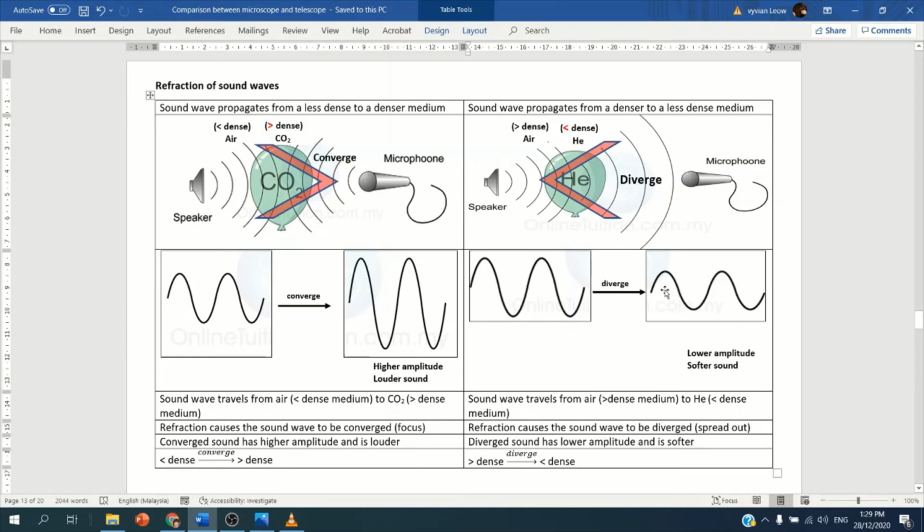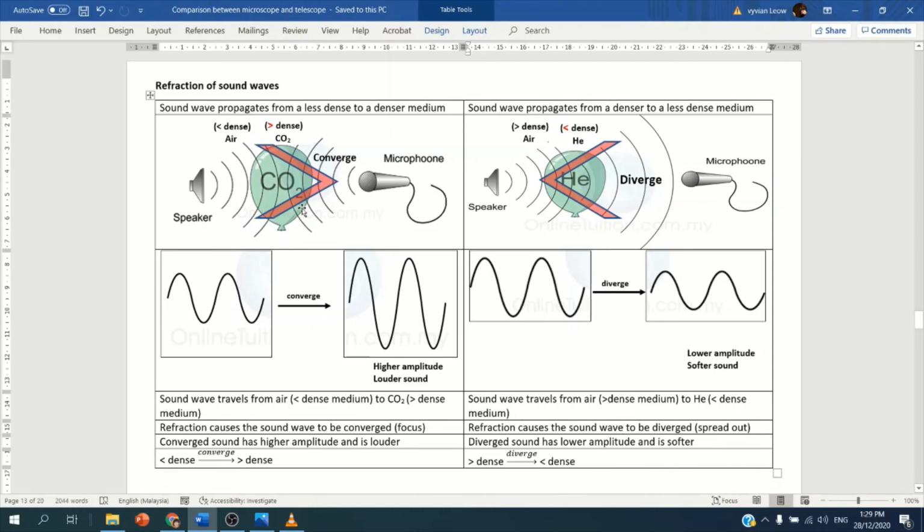All right, so can you remember? So when I repeat, when sound is traveling from a less dense to a more dense medium, I use the symbol of more than. It looks like the arrow of converging.